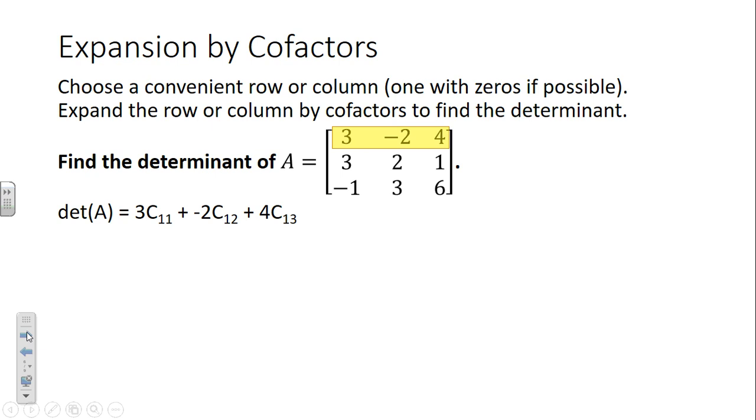Okay? So let's do this. The determinant of A will be 3 times the cofactor of row 1, column 1. So the minor of 1, 1 is going to be eliminate row 1 and column 1. And what's in our determinant?